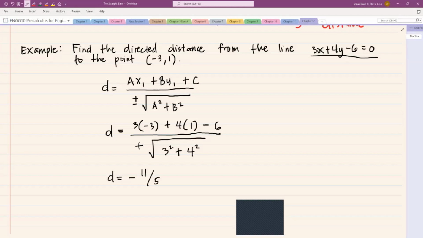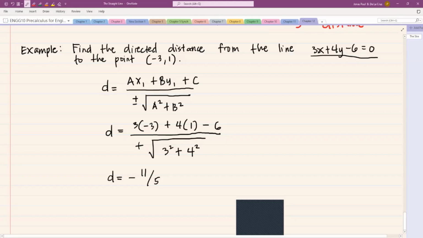Okay, so the directed distance is -11 over 5. Ano ang ibig sabihin niyan? Negative. So, ibig sabihin niyan, yung point na negative 3, 1, and the origin na 0, 0 are on the same side of the line 3x plus 4y minus 6 equals 0.